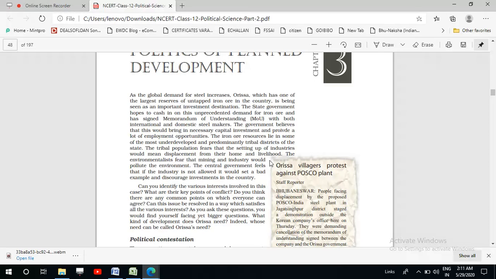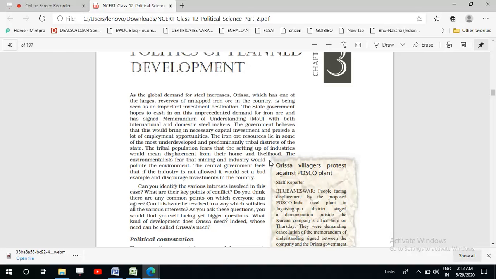Because it was the view of the government that if the international steelmakers come to Odisha, start mining, and set up factories in the state, then it will bring capital investment. And not only this, it will also generate employment opportunities for the people.